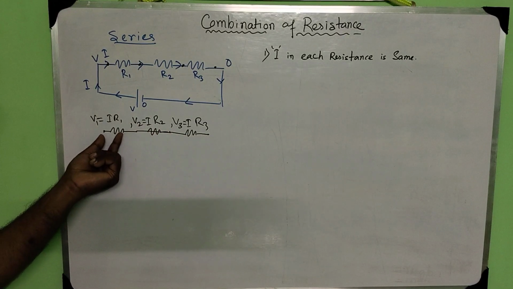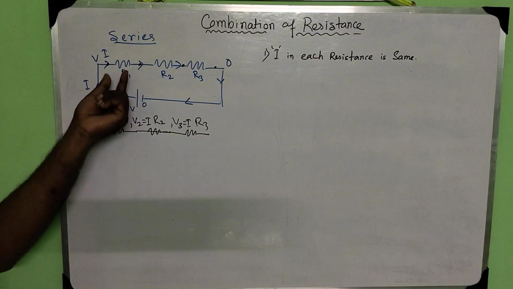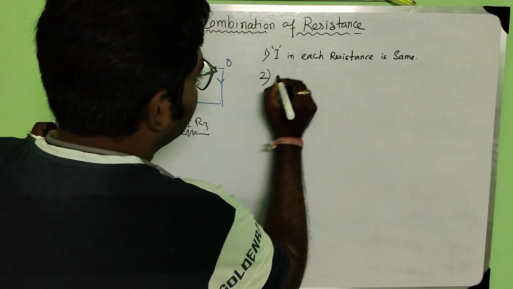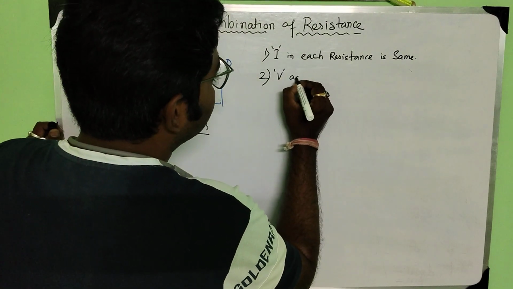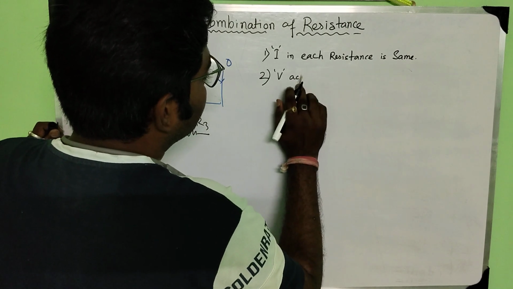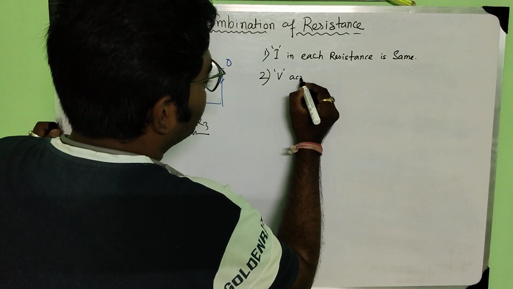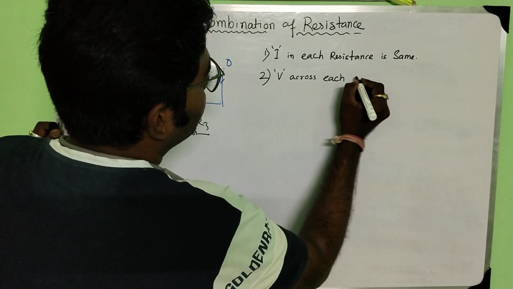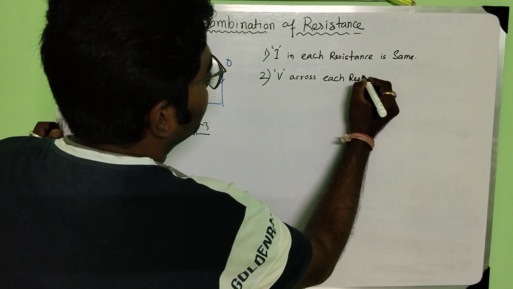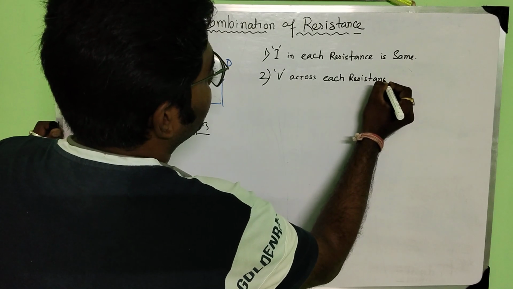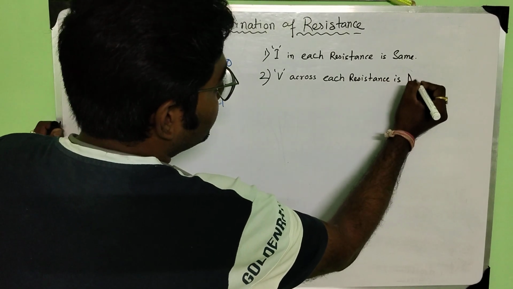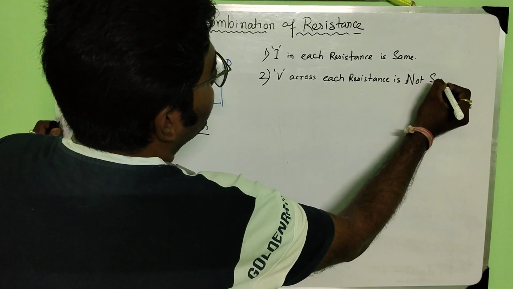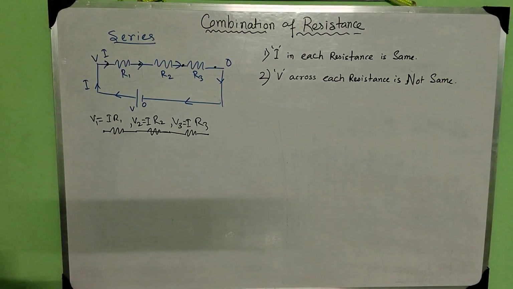So we see that the voltage across each resistor is not the same.